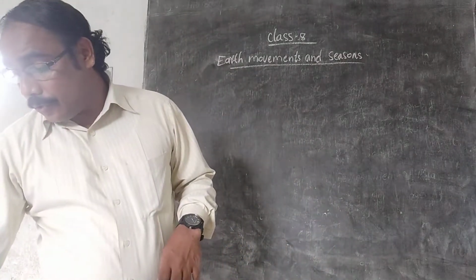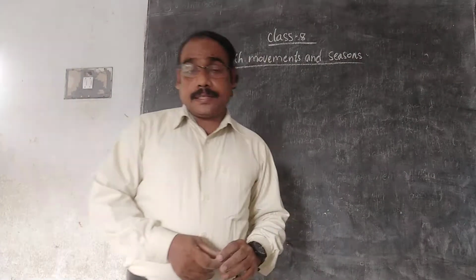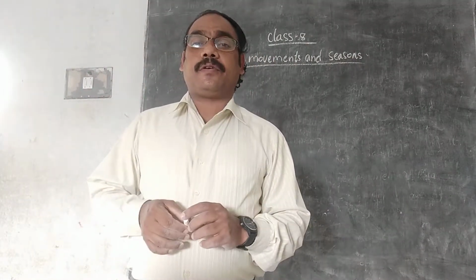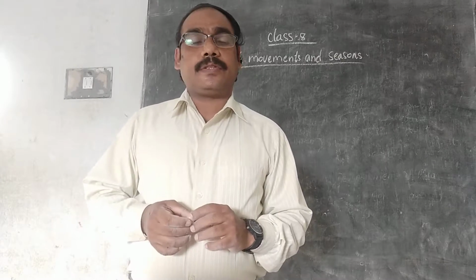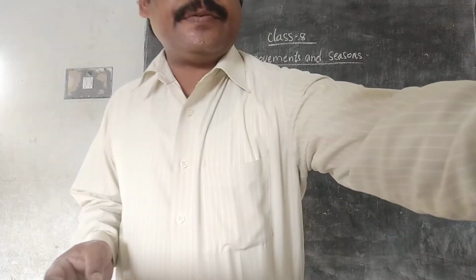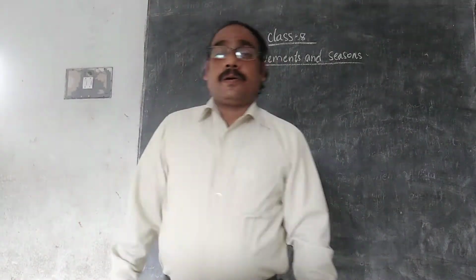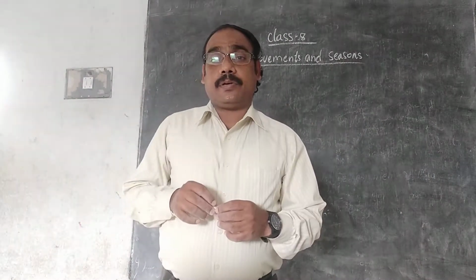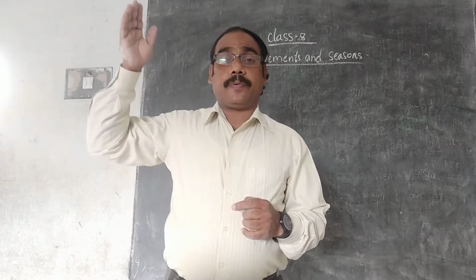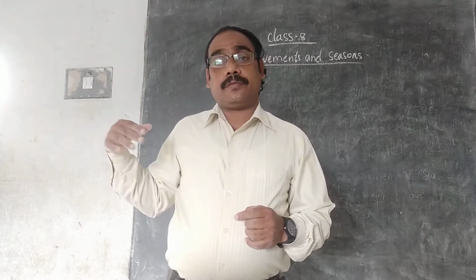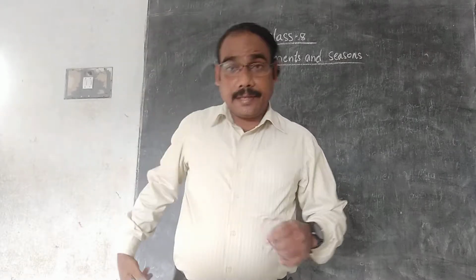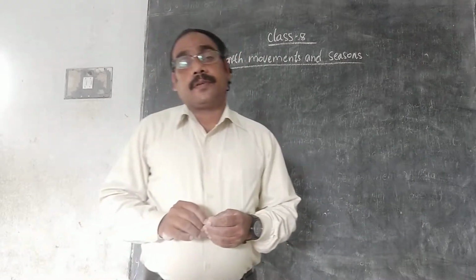Now today we are going to discuss the different types of crops which we are cultivating, and in which area. Already you might have studied what is the equator, Tropic of Cancer, Tropic of Capricorn, Arctic Circle, Antarctic Circle, North Pole and South Pole.